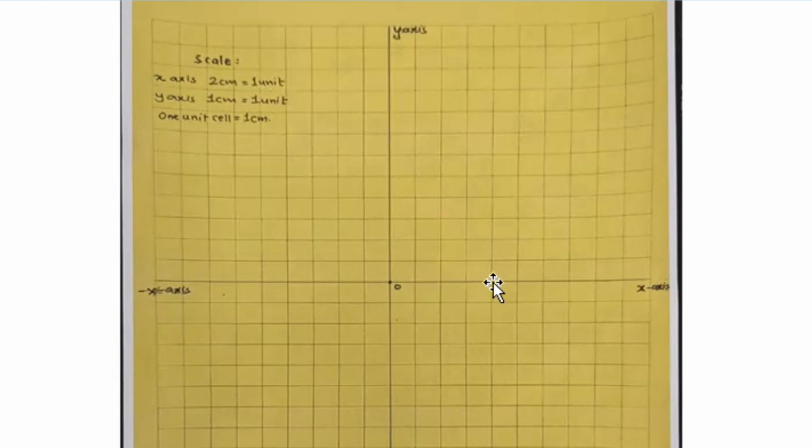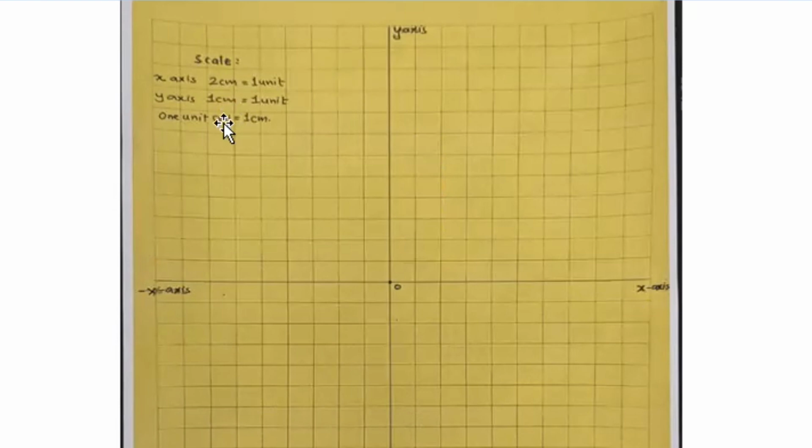Here is 1, then 2, 3, 4, and 5. In the same way, on the other side, we'll take the negative values: -1, -2, -3, and -4.